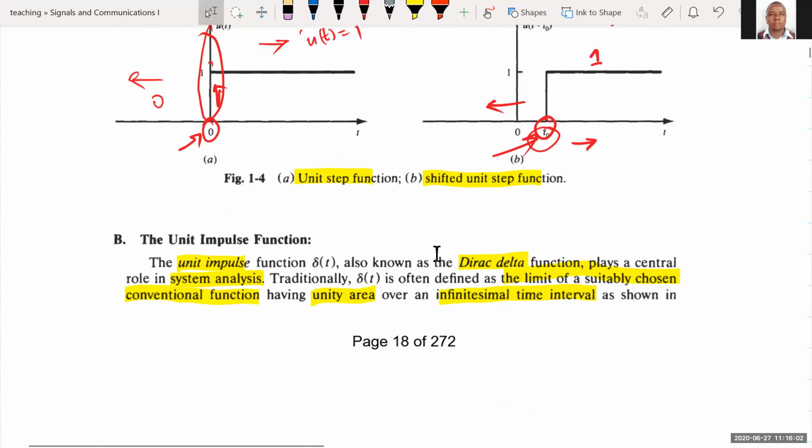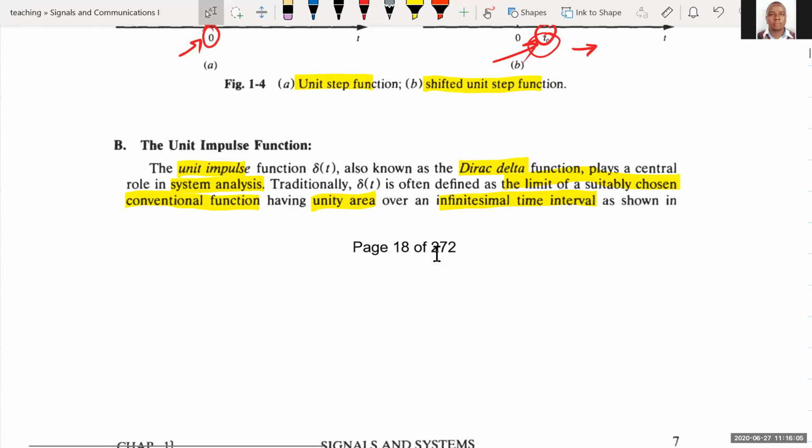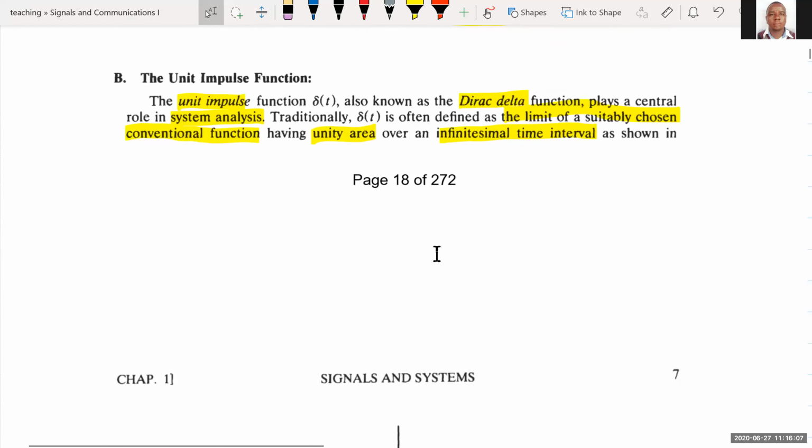And carrying on, we can now define the unit impulse function, which is also referred to as the Dirac delta function. It is symbolized as delta(t). So this symbol, we call it delta. And we draw it just like I'm drawing.